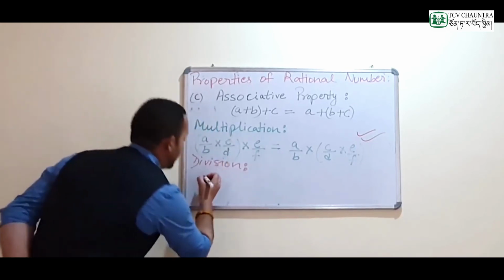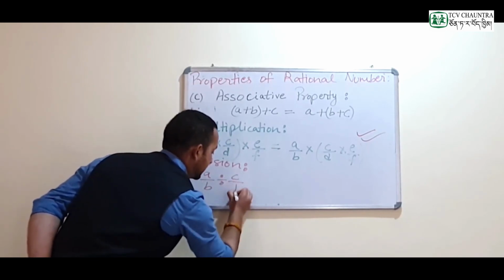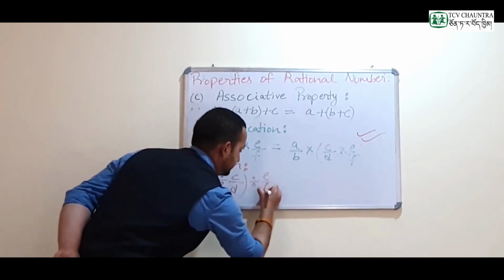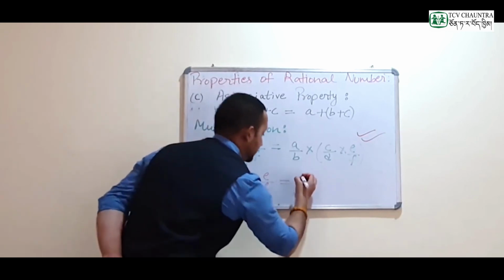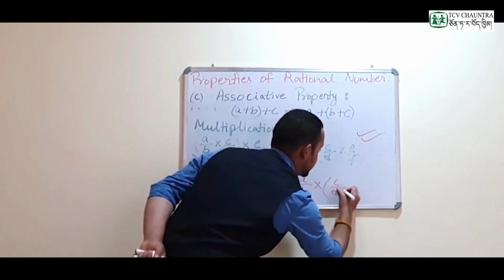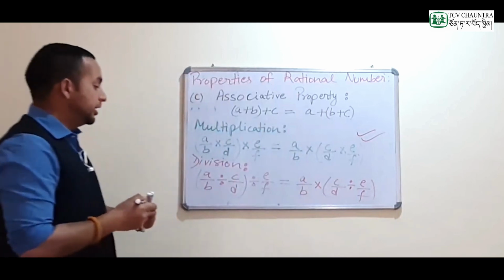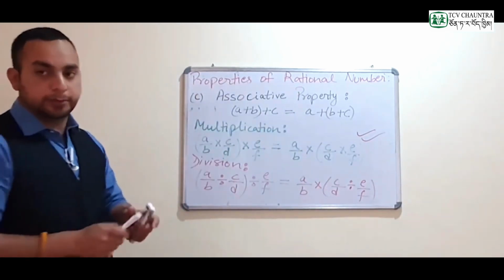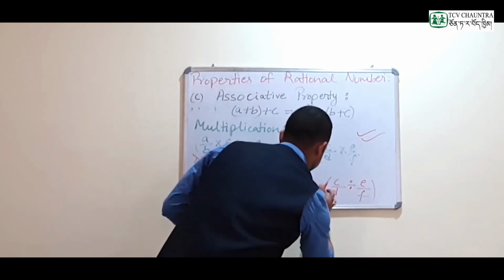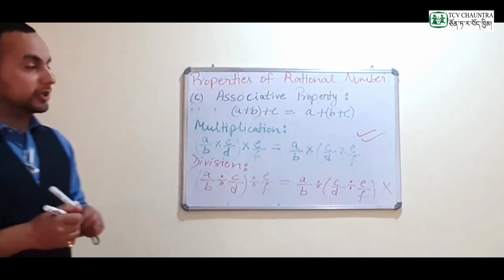In case of division, again associative property is not applicable here.